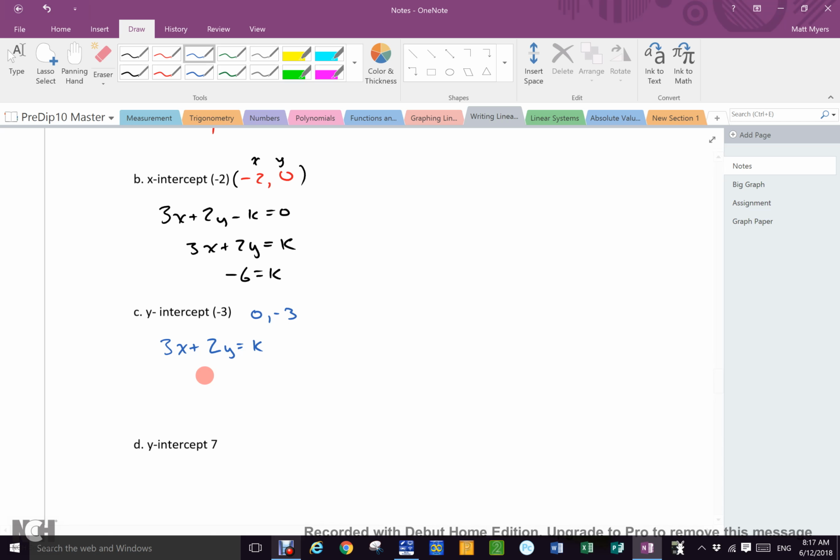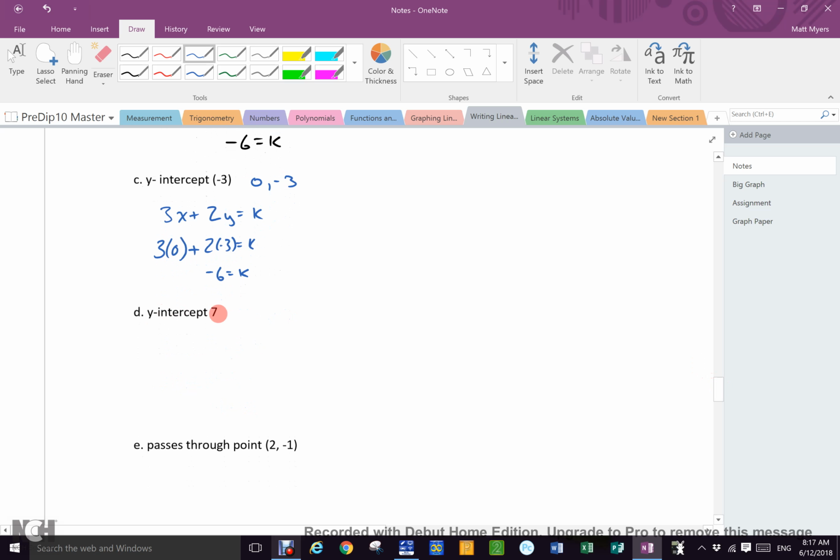He's gone because it's 3 times 0 plus -2 times -3 equals k. So -6 equals k. What's the coordinates here? 0, 7. 3 times 0 plus 2 times 7 equals k. 14 equals k.